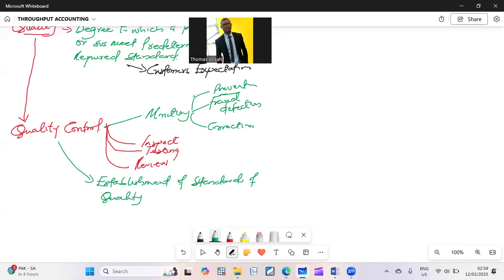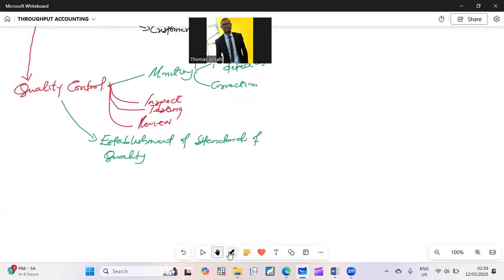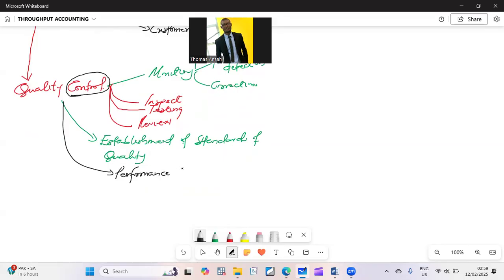So at the end of the day, whenever you see the word control, it means that you are going to make performance evaluations. What do I mean by that? You are going to compare your standard with what is actually happening, so that at the end of the day, you check deviations and make corrections. So basically, that is what quality control is about. All right.